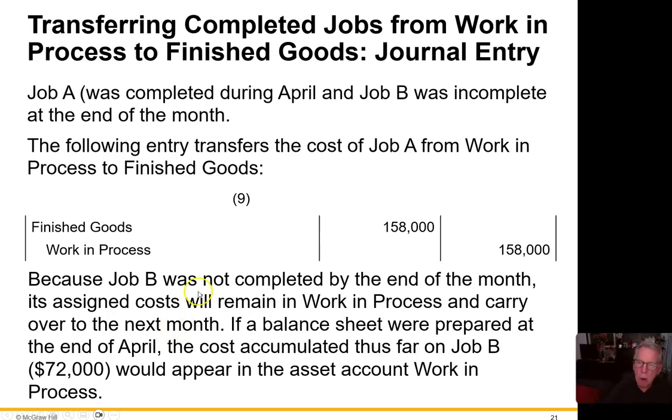And because Job Bravo was not completed by the end of the month, its assigned costs will remain in work in process inventory and carry over to the next month. If the balance sheet was prepared at the end of April, the cost accumulated thus far in Job Bravo would appear in the asset account work in process for $72,000.